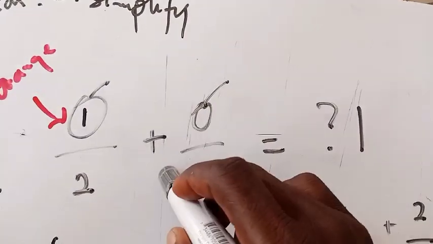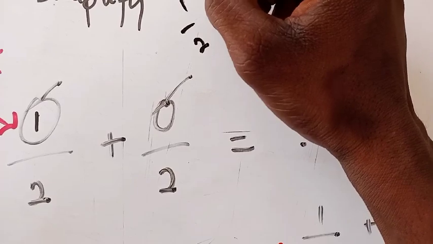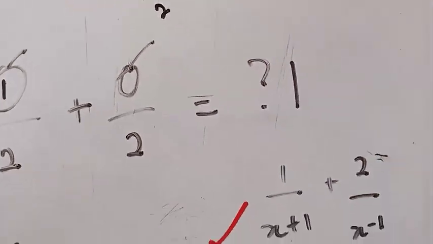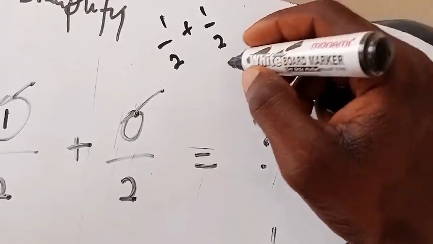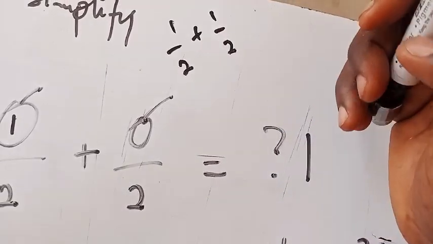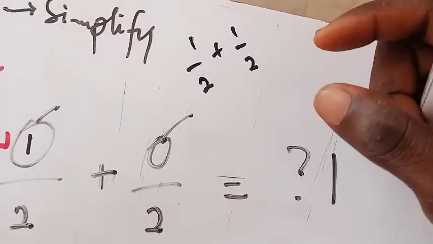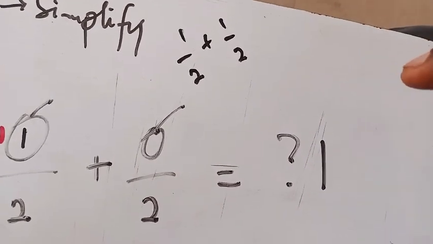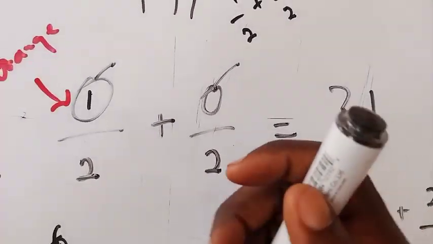Now let's see how to solve this, assuming we are given something like 1 on 2 plus 1 on 2, right? Before you even get to questions like this, let's understand what is happening here. How do you solve this problem in mathematics? Mathematics came up with a method that has been proved to be correct. They systematically do everything step by step for us to understand the basics. If the numbers are huge, what are you going to do?